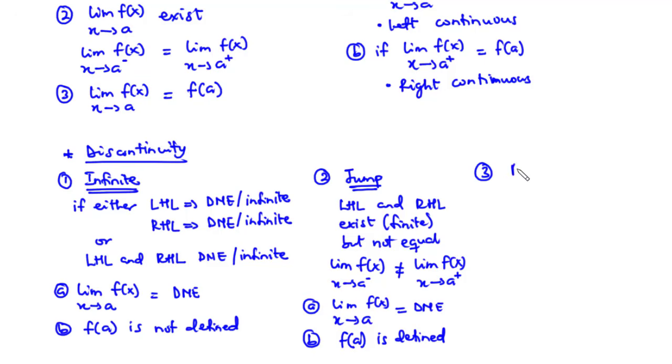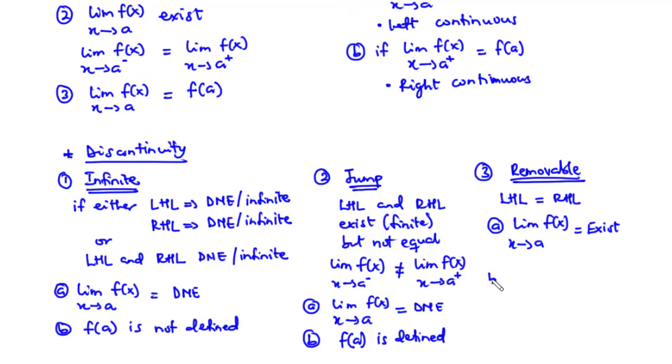3. Now to removable discontinuity, the left hand limit exists and is equal to the right hand limit, which means that the general limit of the function as x approaches a exists.